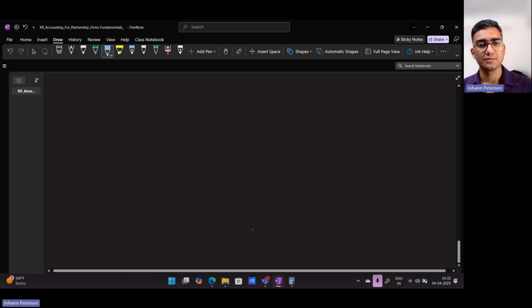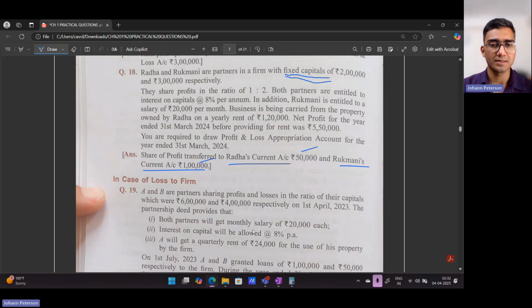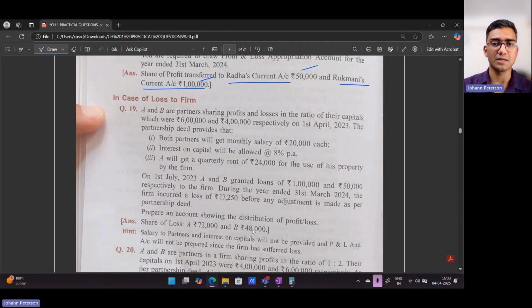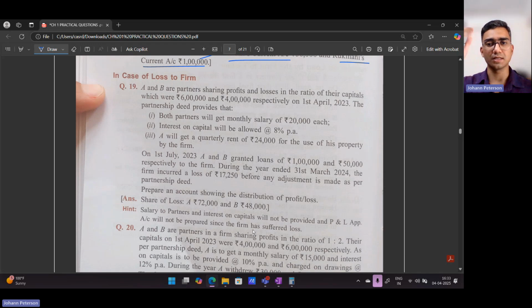Let's see the next. It says, A and B are partners sharing losses and profits in the ratio of their capitals, which were 6 lakh and 4 lakh respectively, on 1st April 23. The partnership deed provides that both partners will get a monthly salary of 20,000 each. Interest on capital will be allowed at 8% per annum.